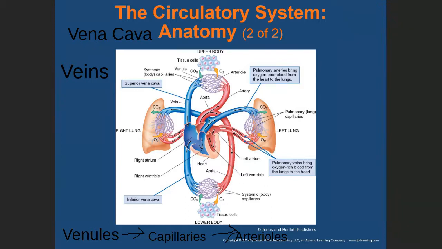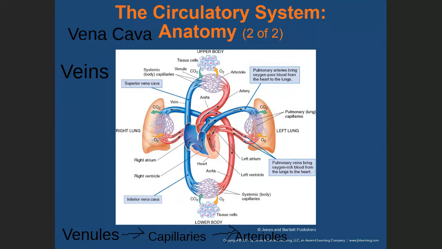Now the capillaries. The capillaries are the smallest blood vessels within the body, and it is a very important blood vessel. Why? Because this is the blood vessel that completes the network, right? So this is the blood vessel that will join your smallest veins, which are your venules, to your smallest arteries, which are your arterioles.